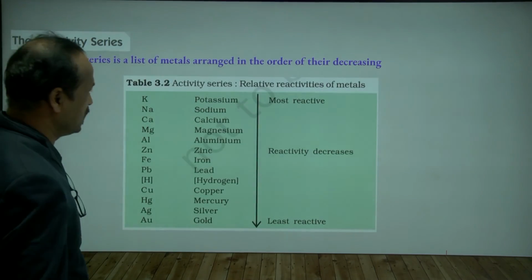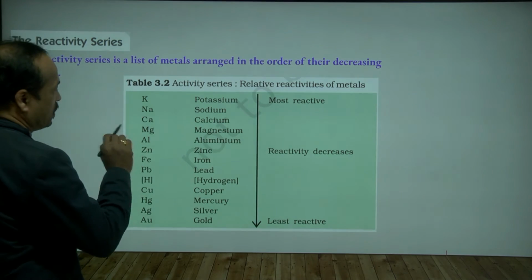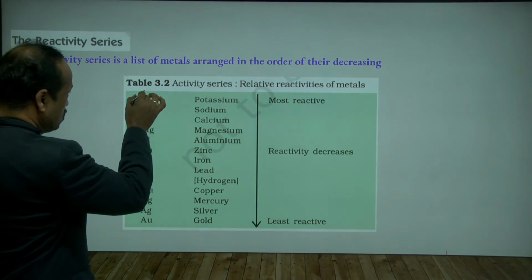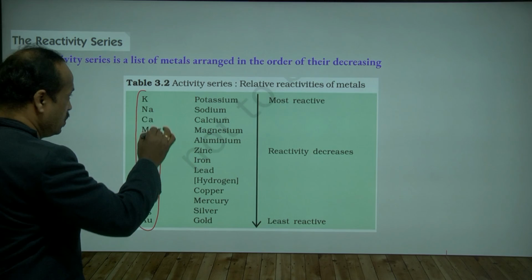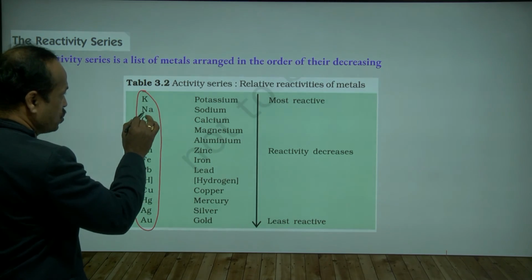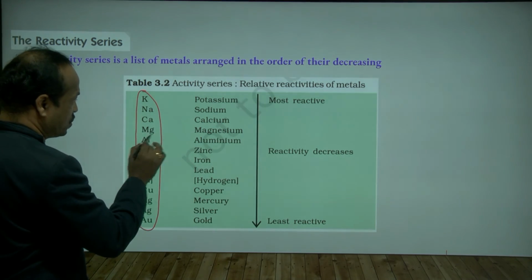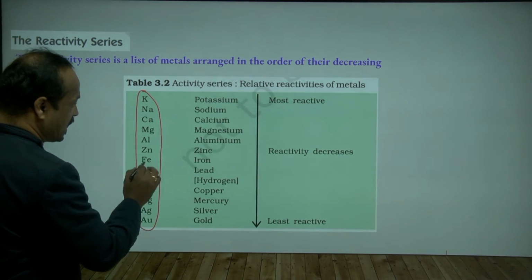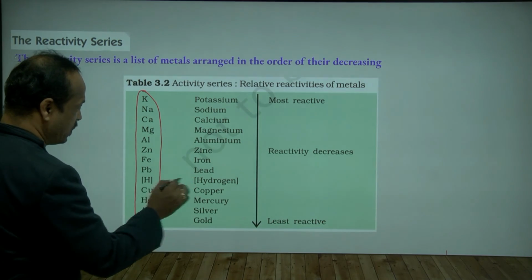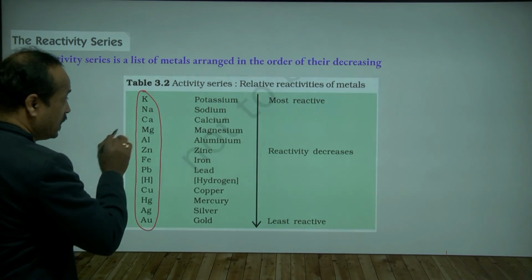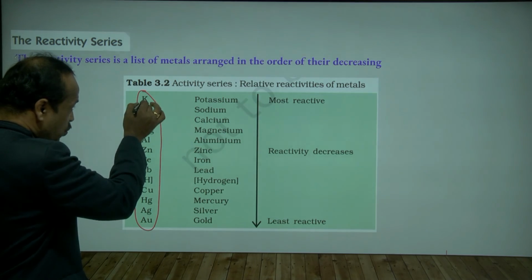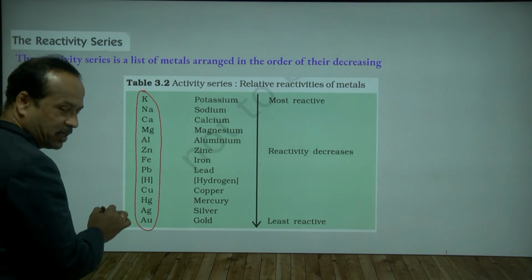So here you can see, these are all metals only. This is potassium, sodium, calcium, magnesium, aluminium, zinc, iron, lead, hydrogen, copper, mercury, silver and gold. Potassium is more reactive than all these elements.